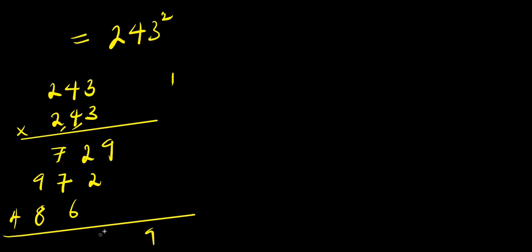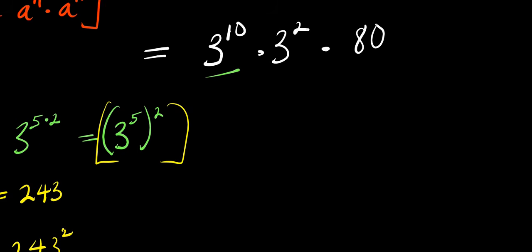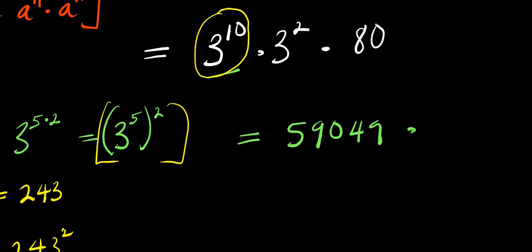Add here, that is 9 carry over 1 over 5. So that is 59,049. And that is 3 power 10. So the whole of this here is 59,049 times 3 power 2, which is 9, times 80.